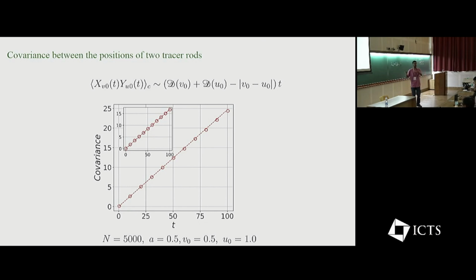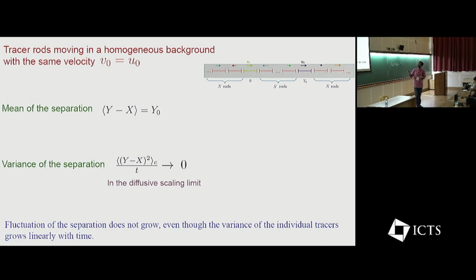And following the description for the variance and this covariance, one can compute the variance for the separation between the two tracers' positions. What we see is that for tracer rods moving in a homogeneous background density with equal velocity, the mean of the separation is constant. Why not? Recall that Y0 is the initial separation between the two tracer rods. But the interesting thing is that the variance of the separation, in the diffusive scaling limit, goes to 0.